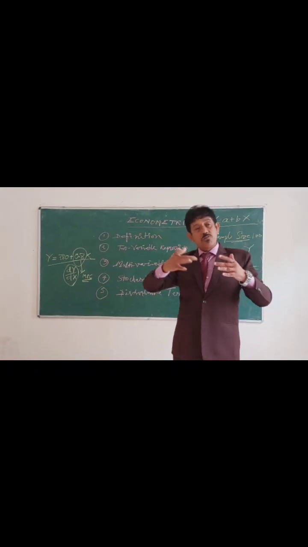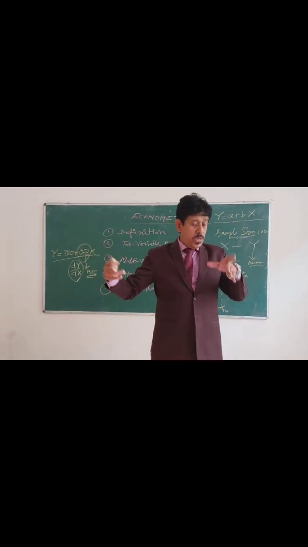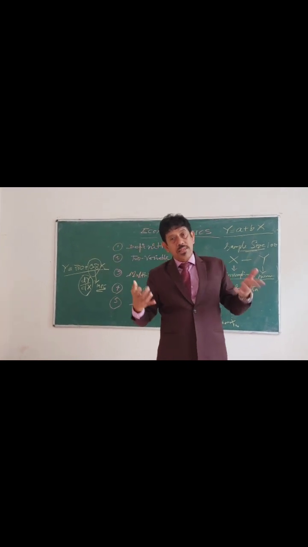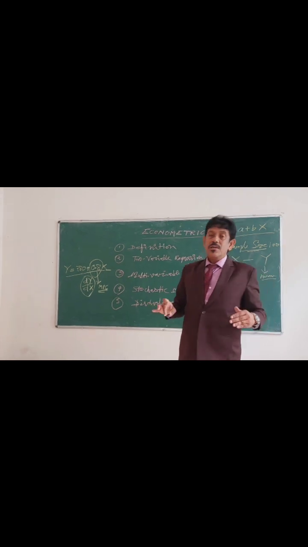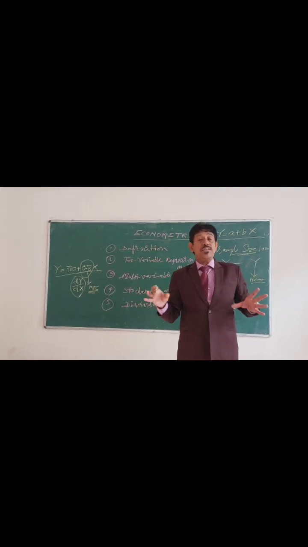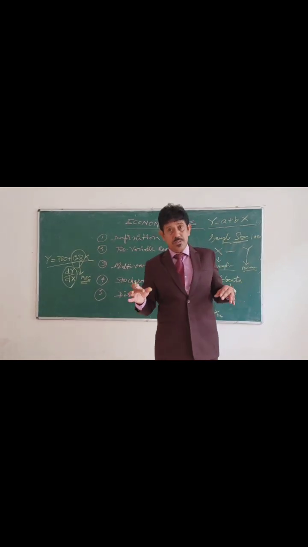The regression equation will always fluctuate. If income is 10,000, today I shall consume 8,000. Tomorrow, if income is 10,000, I shall consume the entire amount of 10,000. In this way, it is never 100% science. Economics is not 100% accurate.